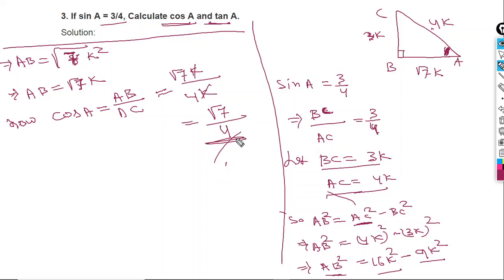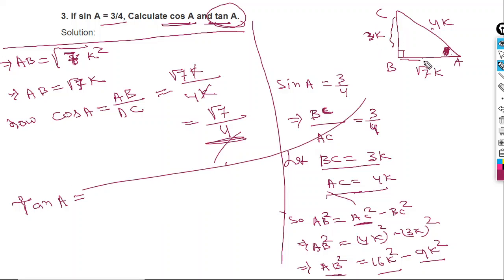Okay, now again we have to find tan A. Tan A is equal to, what will be tan? Look at the figure, angle A, tan means side opposite of angle A divided by adjacent of angle A, that means here it is BC by AB. So let's write it.